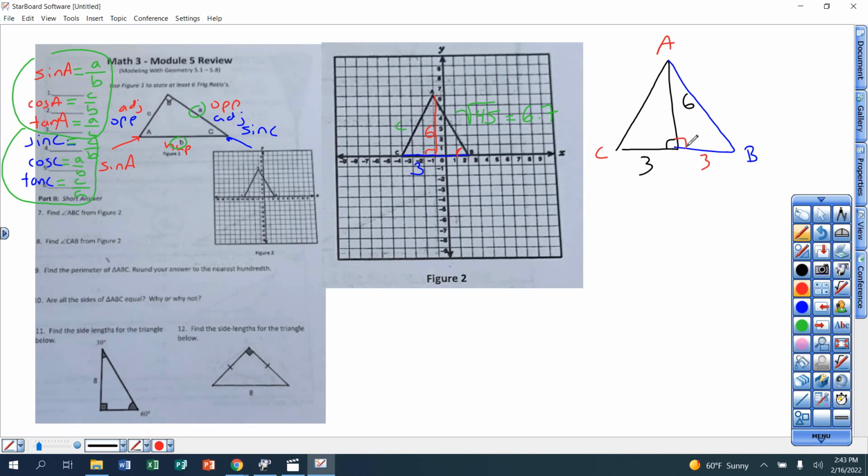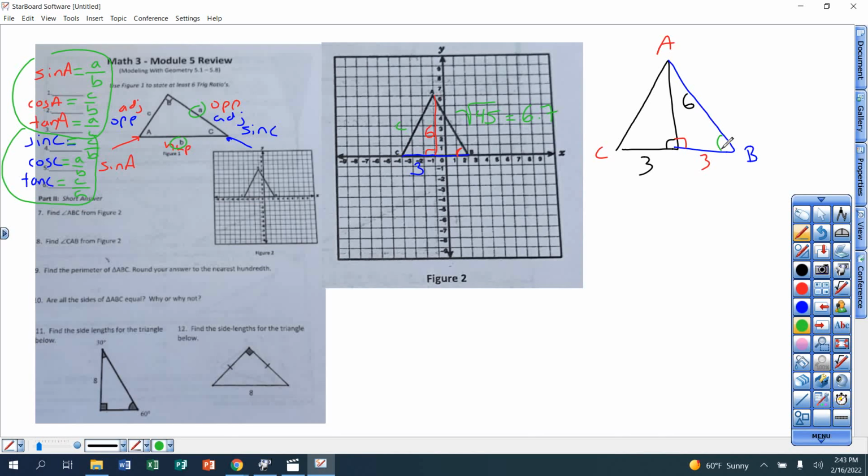It wants you to find angle ABC, which is this angle right here. And then it wants you to find angle CAB. Ooh, that's a weird one, CAB. Yeah, CAB, which is this angle right here.